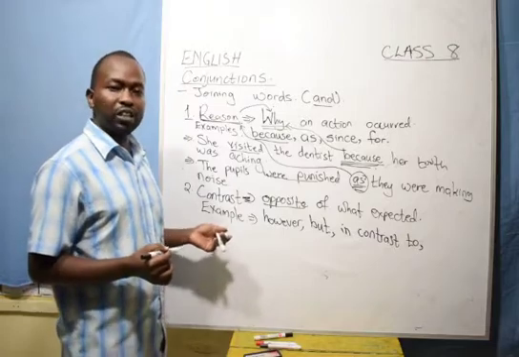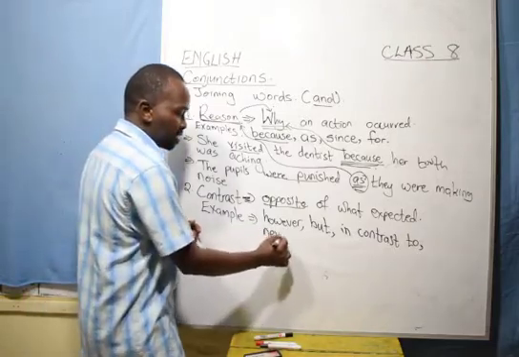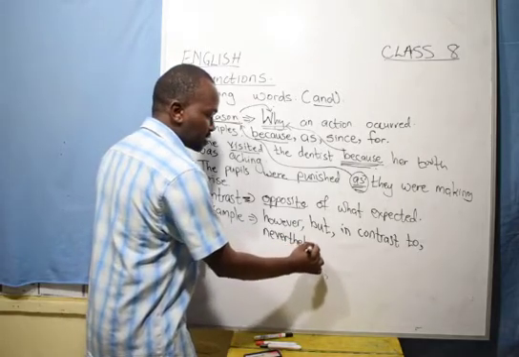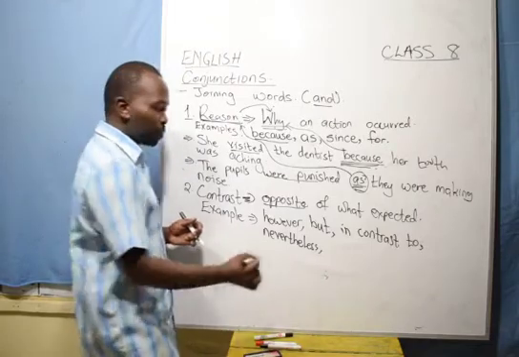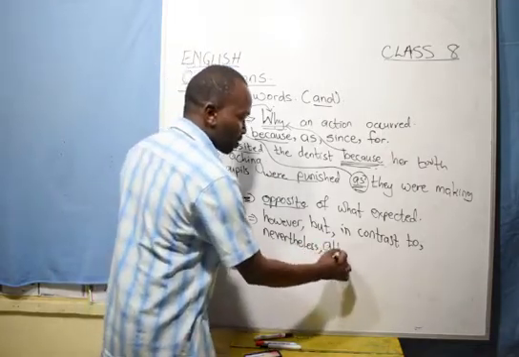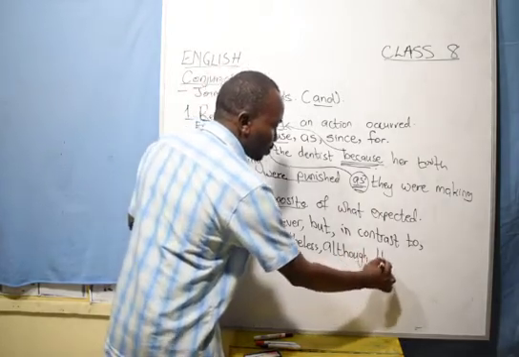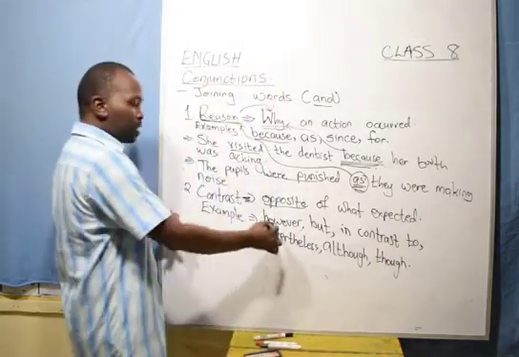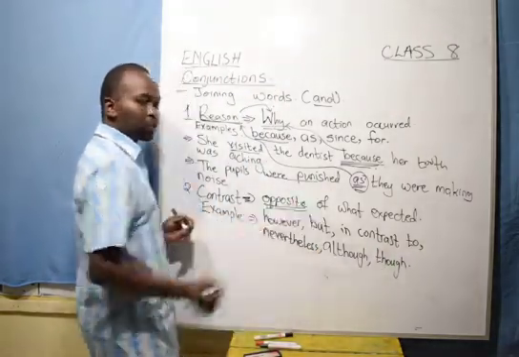Another conjunction, very good. We have nevertheless. Another conjunction would be although. Very good. You have also the word though. Now, all these words tell us the opposite of what was expected.